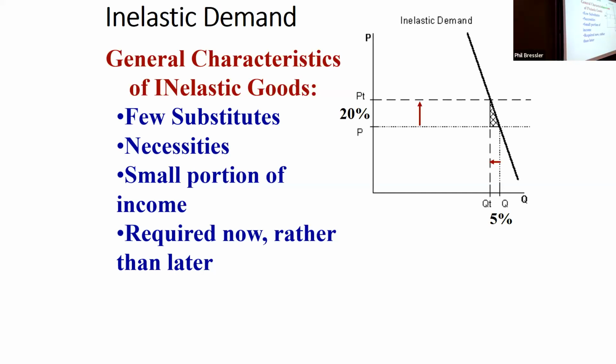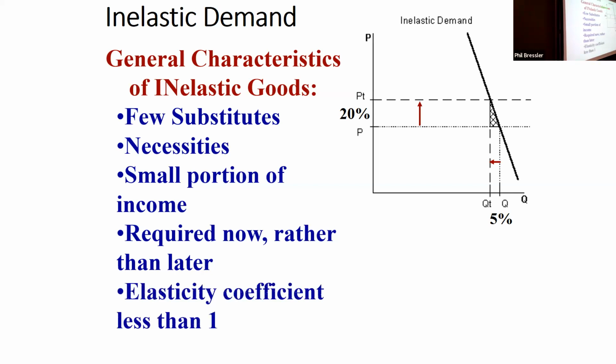So the more time you have, the more substitutes you can get, and the more elastic it becomes. And then the coefficient is less than 1. If there was one thing on the slide I would definitely remember, it's that the coefficient is less than 1.